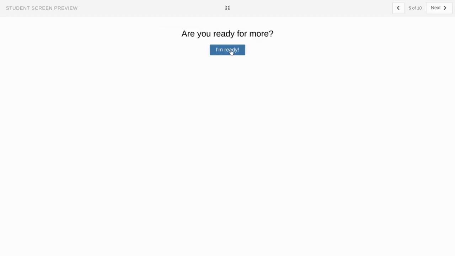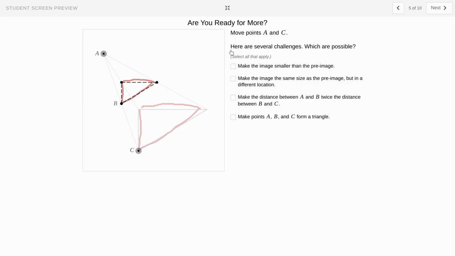All right, so ready for more? I am ready. All right, move points A and C. So if I move C, oh, look at this. It's right there. Ooh, okay, what's happening? Not quite sure. Oh, this moves that shape. So moving A moves my shape.